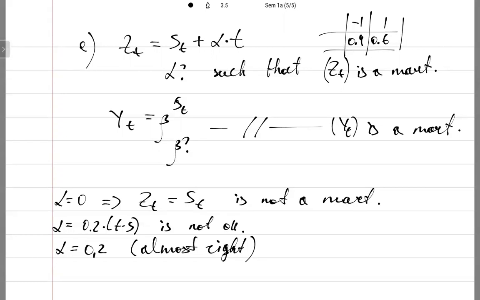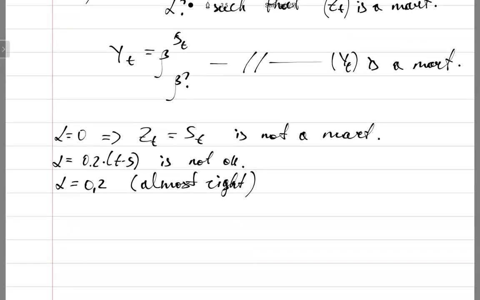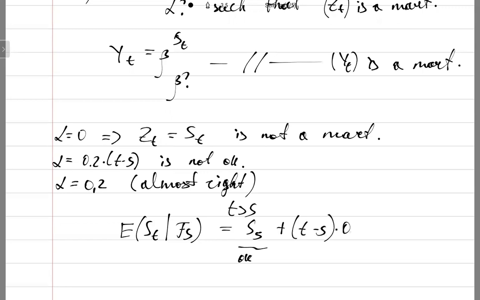So what's the problem? Maybe minus 0.2. Yeah, minus 0.2, because why is ST not a martingale? Once again, let's recall the expected value of ST given Fs for t greater than s. We have calculated it, and there is a bias, t minus s times 0.2.